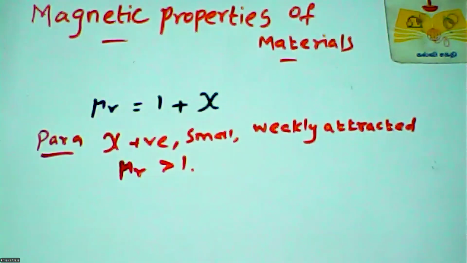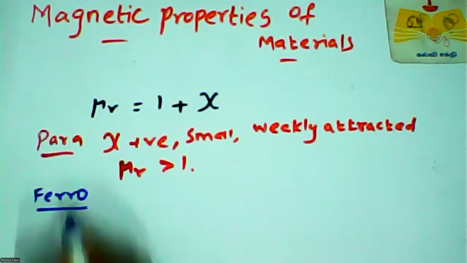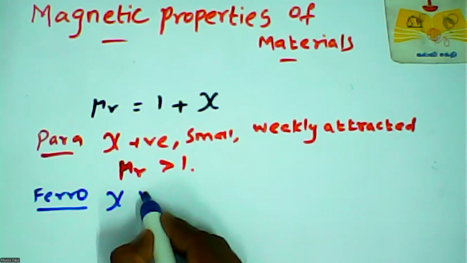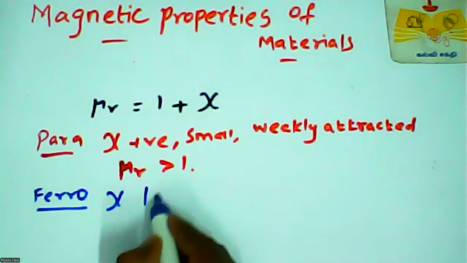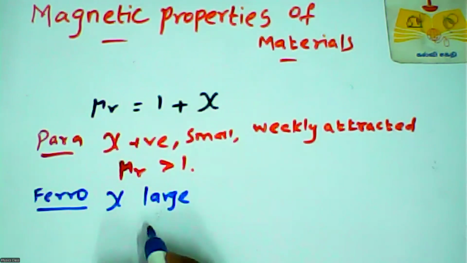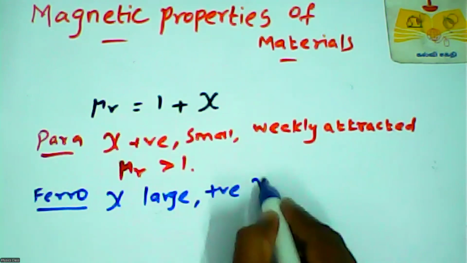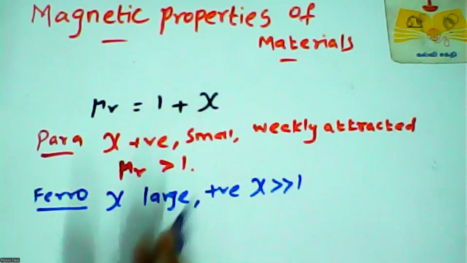Okay. Now, the last material, that is ferromagnetic. So here, psi is very large. Magnetic susceptibility is very large and positive, psi is much greater than 1. So very, very large and positive.